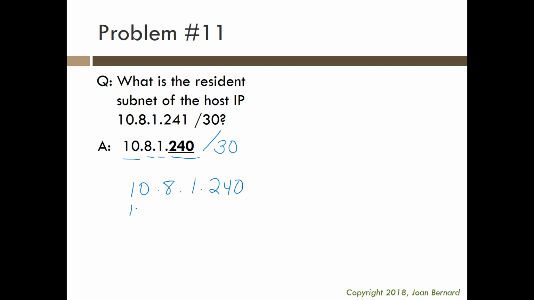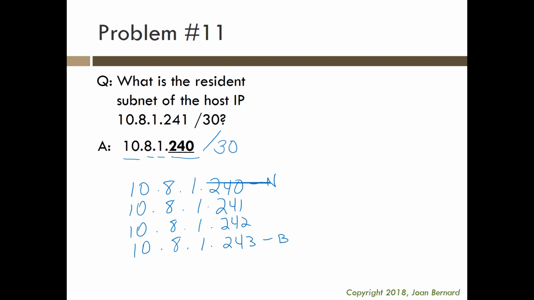That means the whole network would be 10.8.1.240, 10.8.1.241, 10.8.1.242, and 10.8.1.243. Remember, this is my network. This is my broadcast. So these would only be the 2 usable hosts that I could assign in that network.